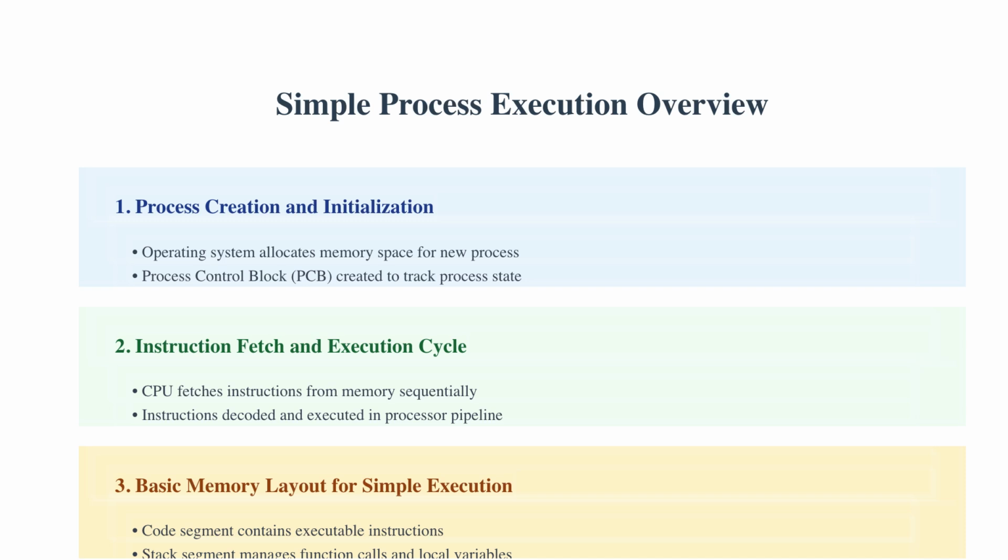Once initialized, we enter the instruction fetch and execution cycle, the heartbeat of process execution. This cycle repeats continuously until the process terminates. The CPU fetches instructions sequentially from memory, decodes them to understand what operation to perform, executes the instruction, and then updates the program counter to point to the next instruction.